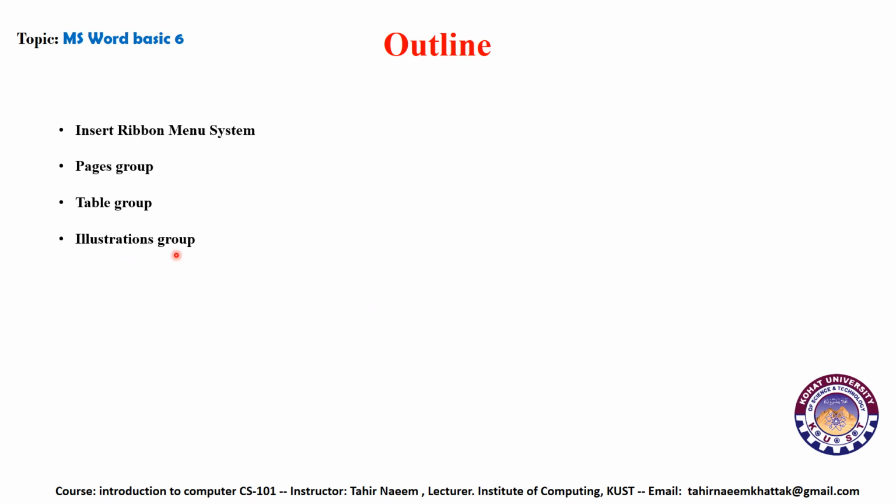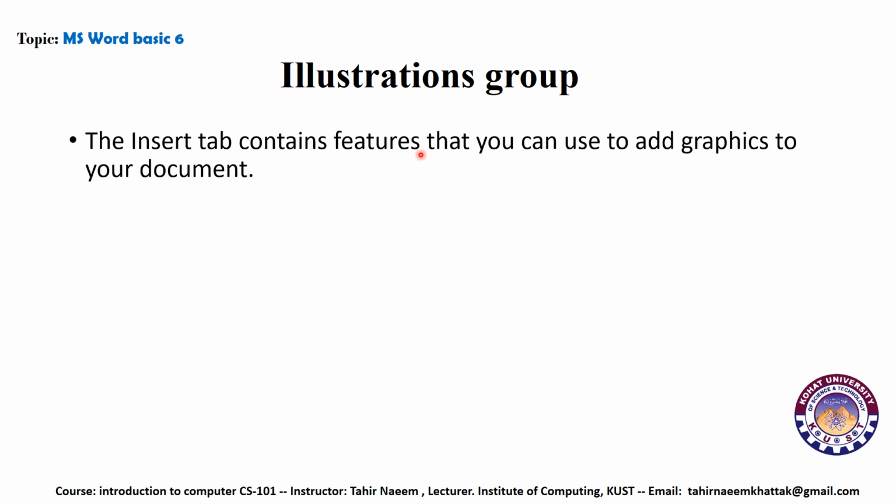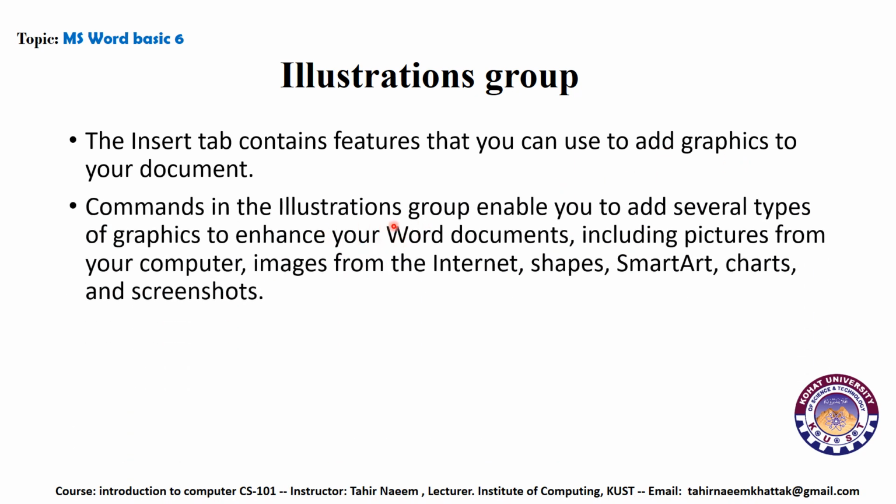Then we will discuss the illustrations group, and there are different options inside the illustrations group, like inserting and formatting shapes, word art, shape menus and drawing tools, inserting word art. So first of all, we discuss the illustrations group. The Insert tab contains features that you can use to add graphics to our document. Commands in the illustrations group enable us to add several types of graphics to enhance our Word document, including pictures from our computer, images from the internet, shapes, SmartArt, charts, and screenshots.